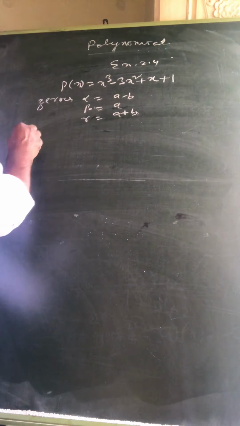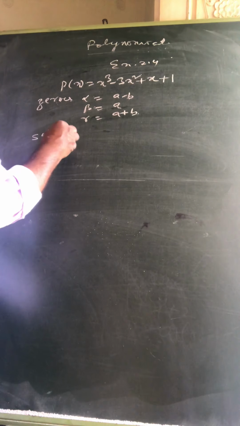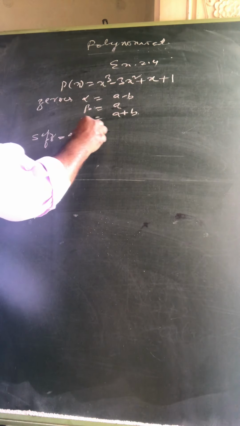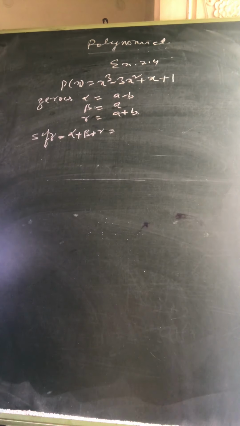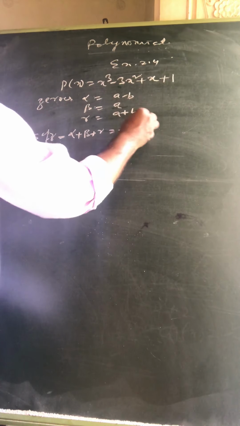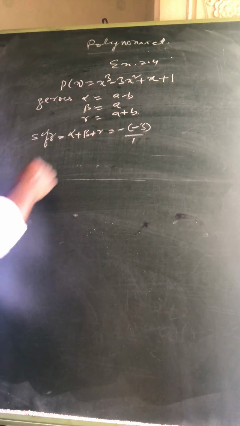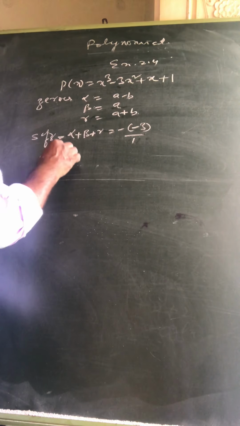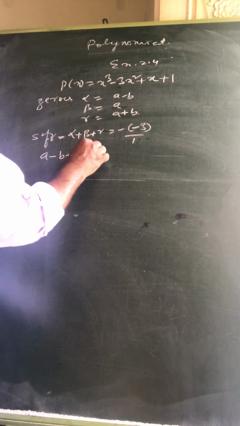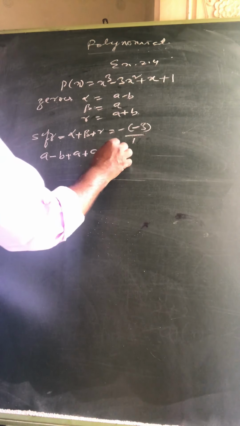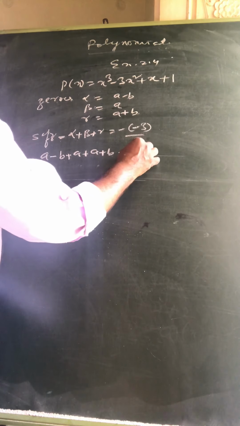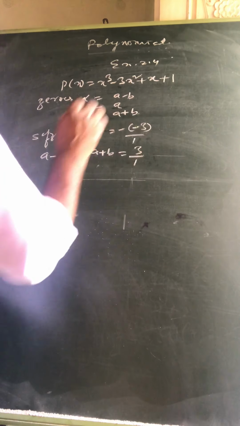Now the sum of zeros, alpha plus beta plus gamma, is equal to, what is the formula? Minus b by a, that is minus of minus 3 by 1. Alpha plus beta plus gamma, a minus b plus a plus b, is equal to minus of minus 3 by 1.